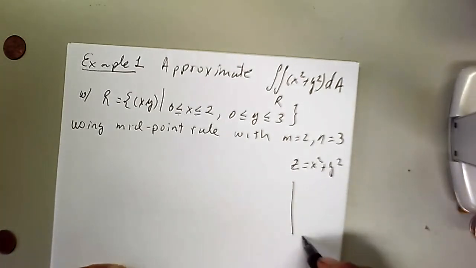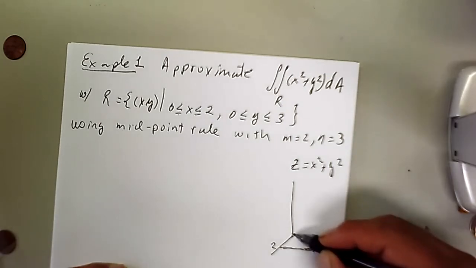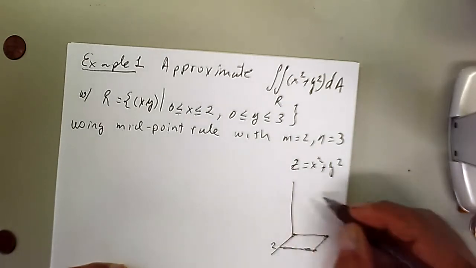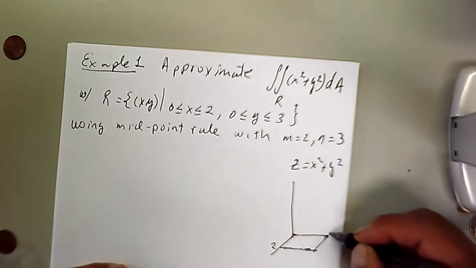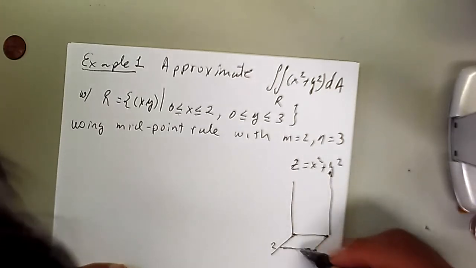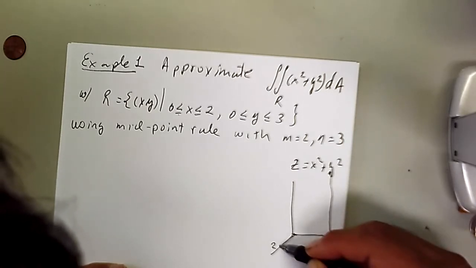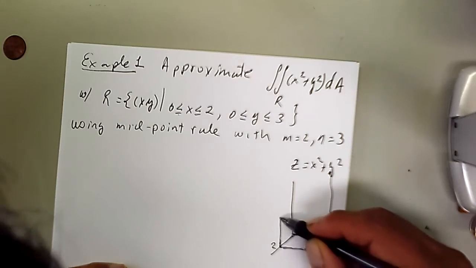By now, we've done several examples of this. So if you go 2 units, 3 units, so 2, and then 3 across, then we have a paraboloid. Remember the shape of the paraboloid. So this is far. The height of this is going to be quite a bit, 9. And then this is 4, so it's going to be lower.